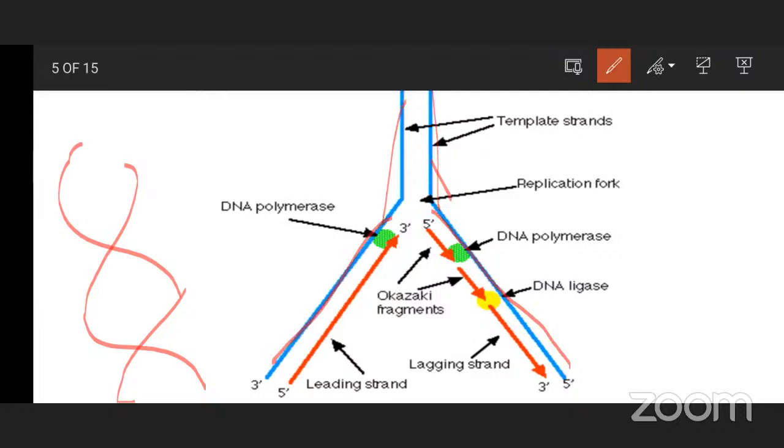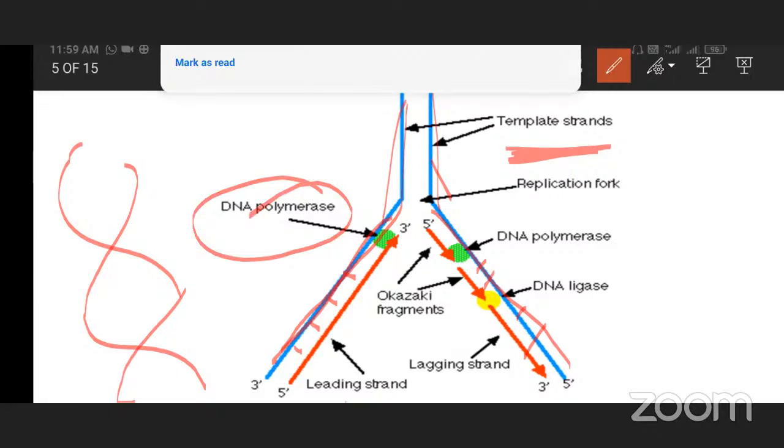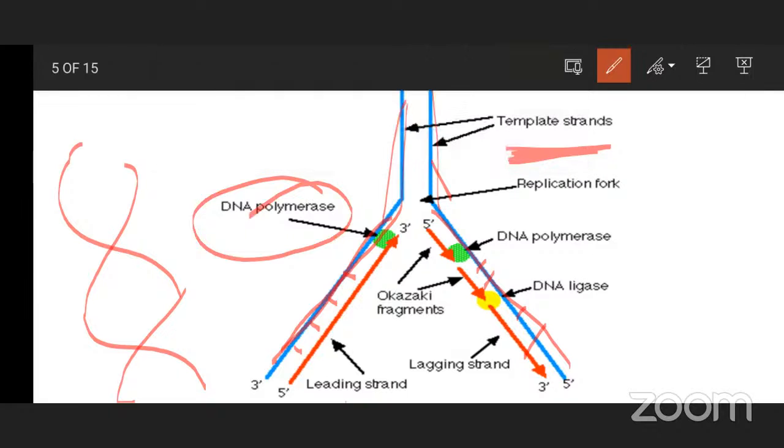By the formation of the replication fork, the bases present on the two strands are exposed and they are involved in the replication process. So these two strands are called template strands. The replication first begins in this strand. This strand is called the leading strand. The DNA polymerase enzyme can catalyze the total replication process.